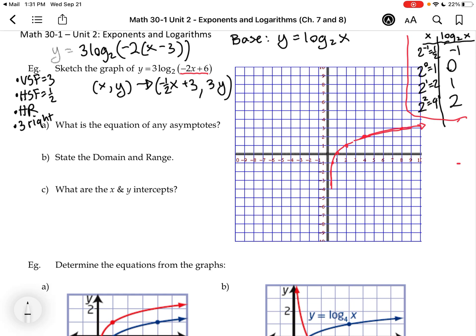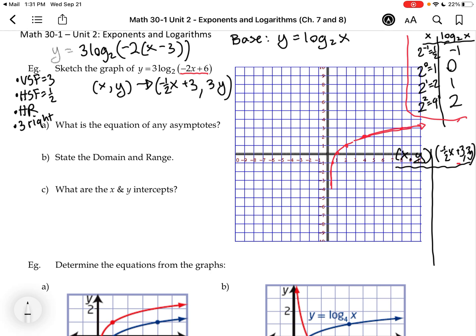Okay, now I'm really running out of room here, and I can't extend the page because I'm not on my smartboard, but I think what I'll do is try and do the mapping down here. This will move to negative 1/2 x plus 3 and 3y.